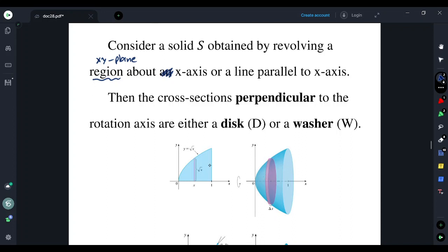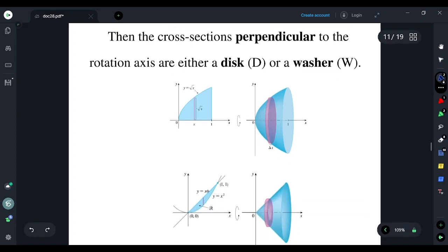And then we are looking at the cross section, so we choose x, and this is the vertical line because we make it perpendicular to the x-axis, right? And this vertical line, when you rotate, it's gonna give a disk in this figure, right?